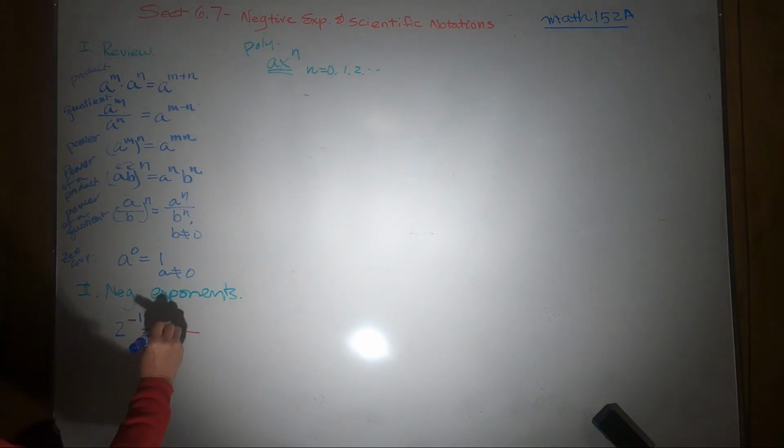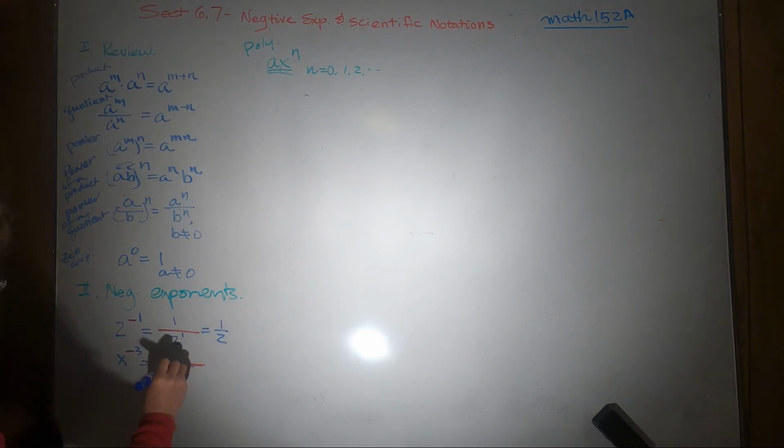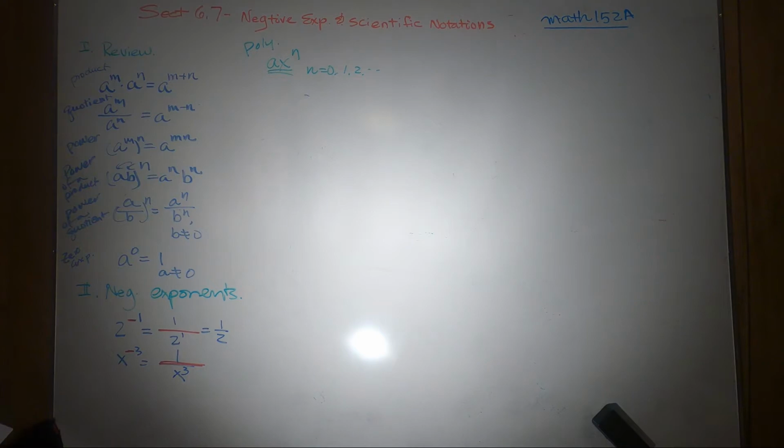Writing in fraction form is 1 to the 1 power means this guy, 1/2. Okay? If we have x negative 3, it means what? You interpret the negative symbol first, become the division reciprocal, you change it to the denominator instead. It means 1 over x cubed.